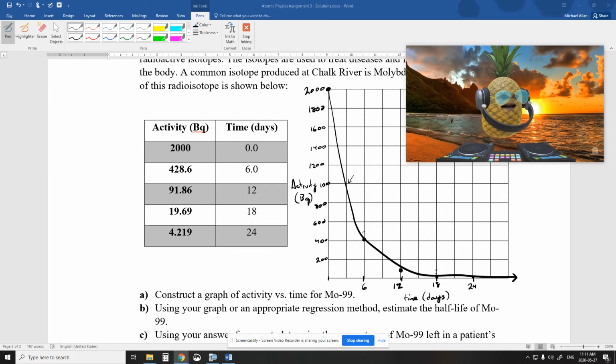So if you weren't paying attention, 0, 6, 12, 18, and 24. Messed up somewhere. This is weird.